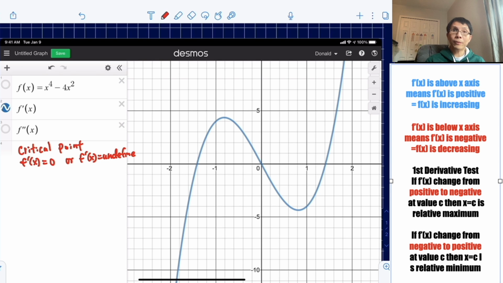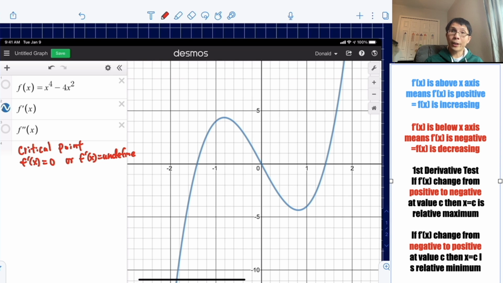A lot of the time people forget about the undefined part, but when f prime of x equals 0 or f prime of x is undefined, that means it's a critical point. The AP exam could ask you where the critical points are. Here you're going to say critical points occur at roughly negative 1.4, 0, and 1.4.